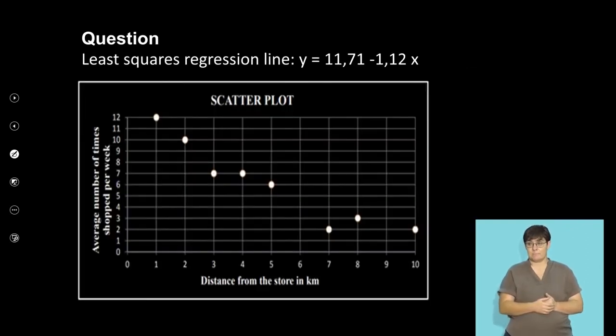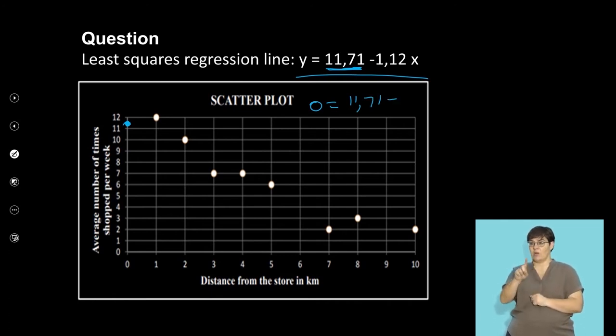Let's see that. To draw that line, I know that my y-intercept is about 11.71, so it should be around somewhere there. And can I find x? I can find x because I have the equation of the least square line, by making y 0. If I make y 0 and solve for x, I move the x to the other side. I get 1.12x is 11.71.